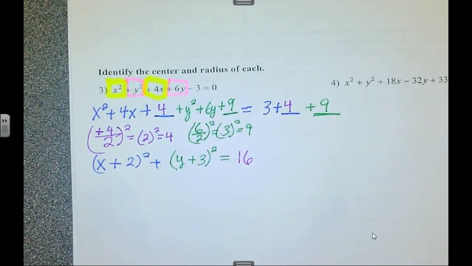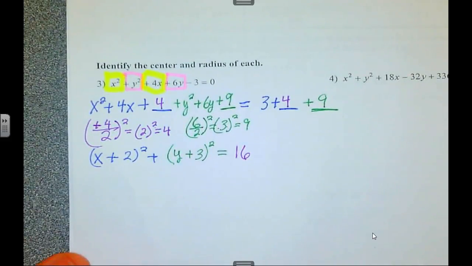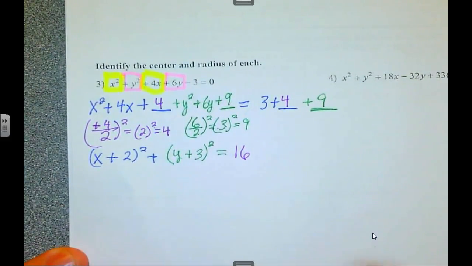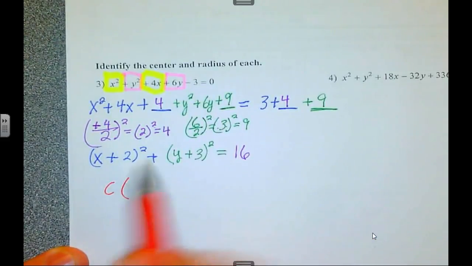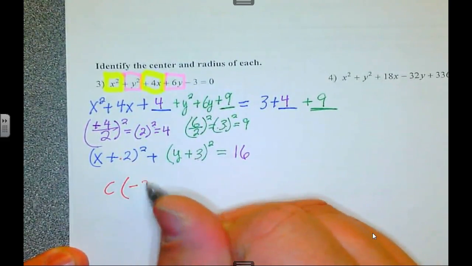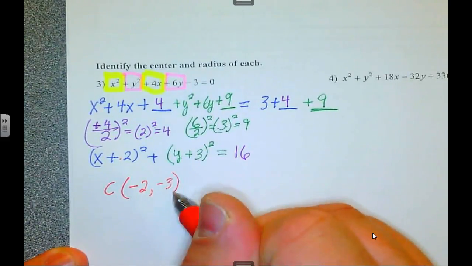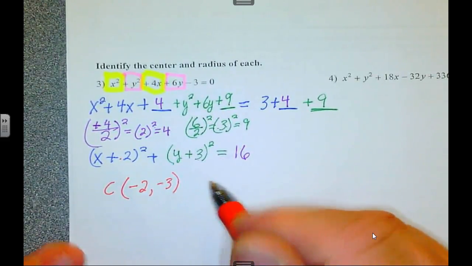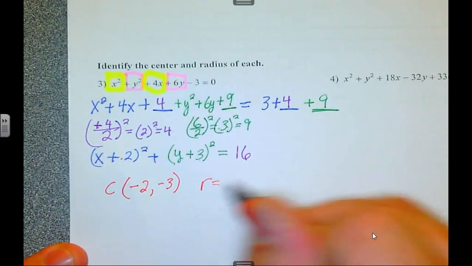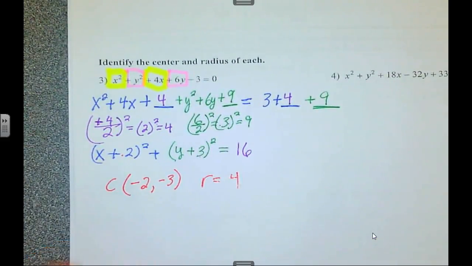So right off of this, it's asked us to identify the center. So my center, remember, everything's opposite coming out of the parentheses: negative 2, negative 3. Square root of 16 is 4. We don't have to worry about the minus because we're dealing with distance. Easy peasy, right?